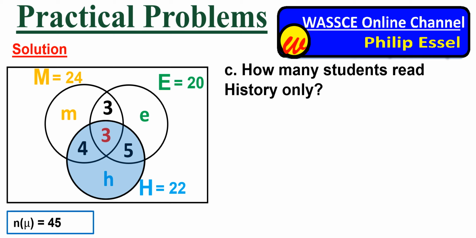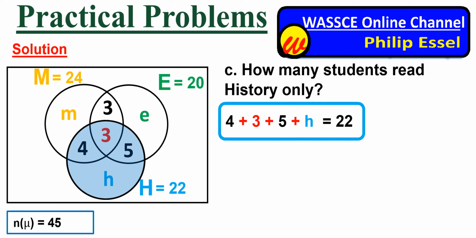So let's write that relationship down. So that is it. We have 4 plus 3 plus 5 plus the small h equals 22. Let's solve for the small h mentally. So we have 4 plus 3 plus 5. That will give us 12. We move 12 to the right side of the equation.